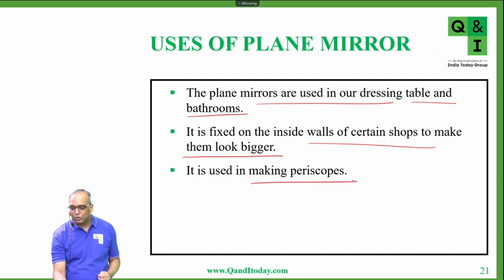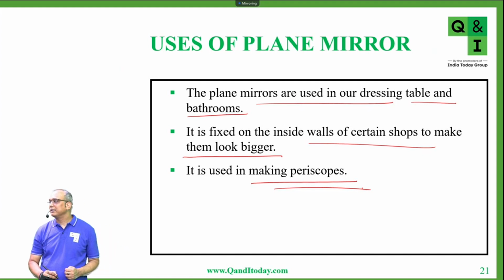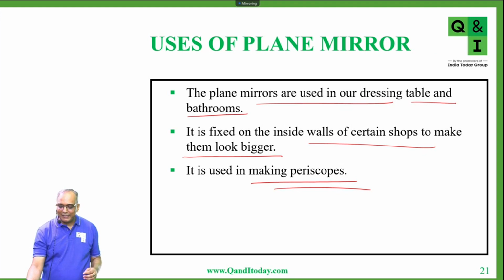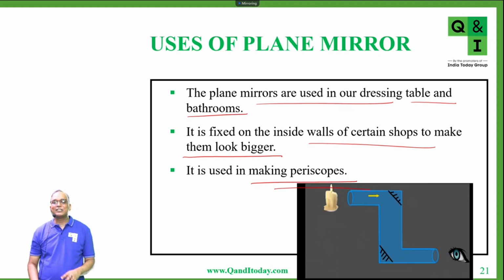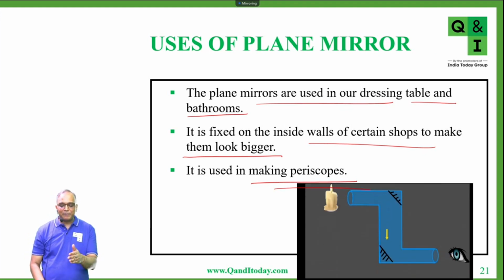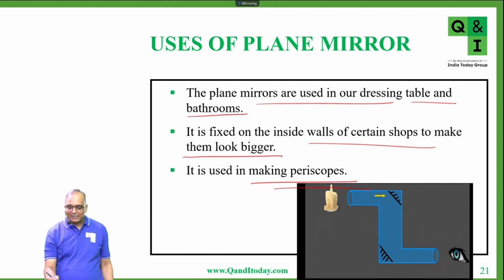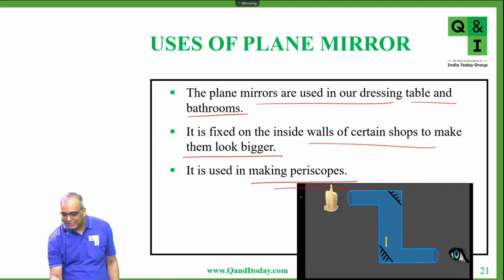Third, it is used for making periscopes. So we use plane mirrors in making periscopes. What are periscopes? Let us understand. Generally we use periscopes in submarines, right? Let's say there is an enemy ship here.